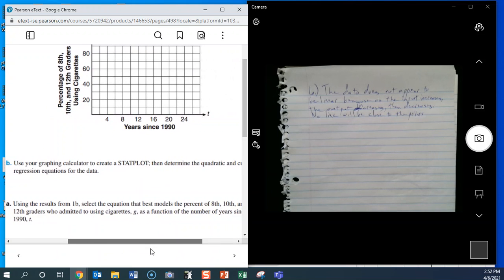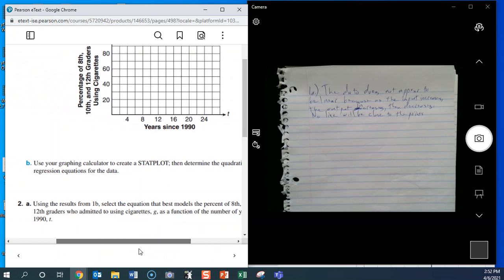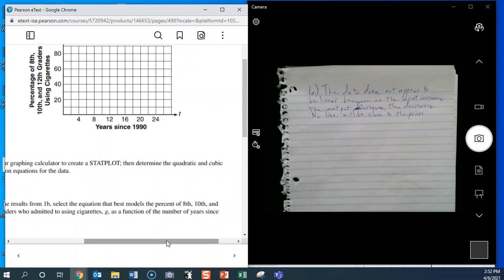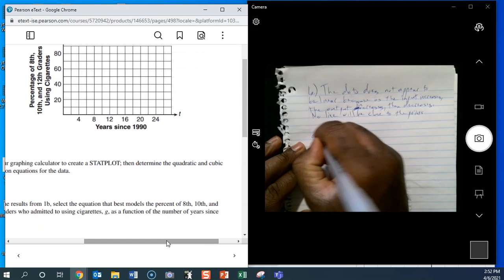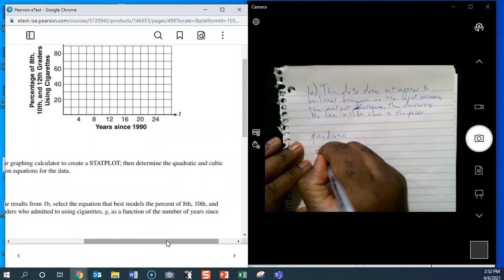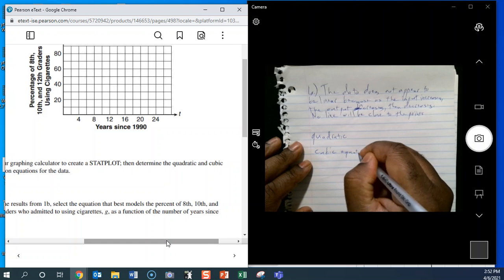It says use your graphing calculator to create a stat plot, then determine the quadratic and cubic regression equations for the data. Now, first of all, we need to write down the general forms of both of these, the quadratic and the cubic equations.